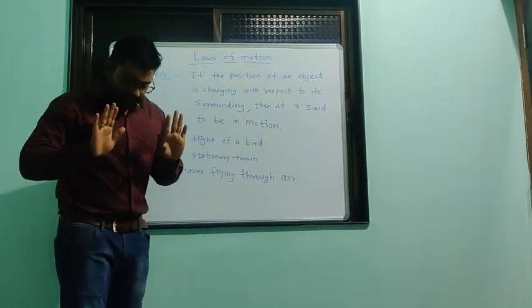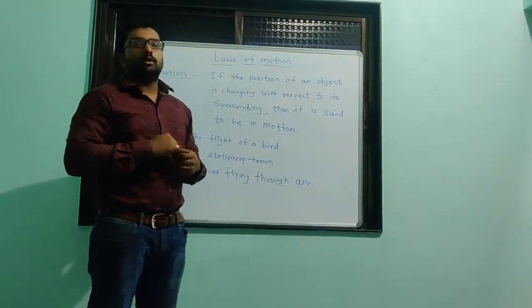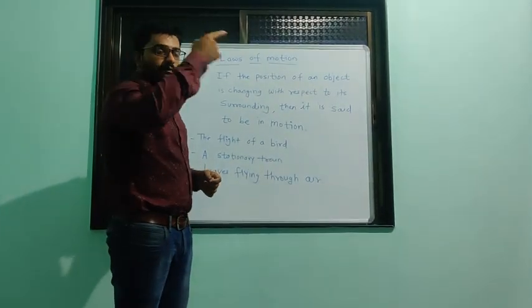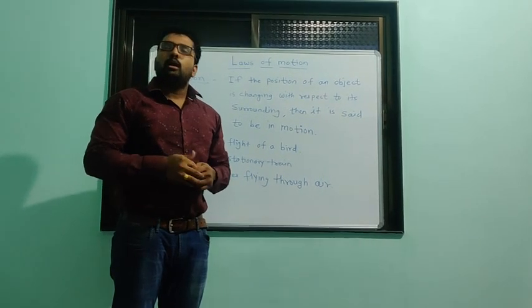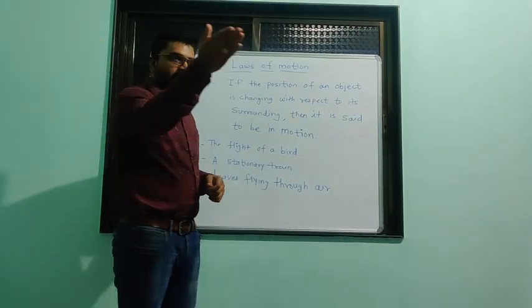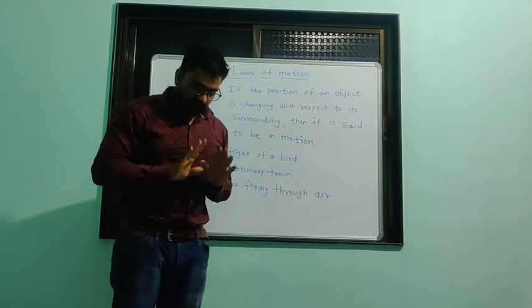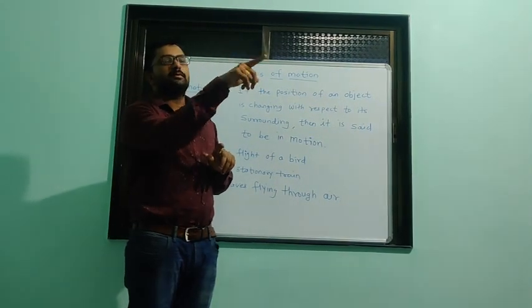Suppose we are standing here and in front of us one road is there. One bicycle is traveling on the road, and then one motorcycle comes and goes away from us. We are initially at a stationary position, we just observe the road.